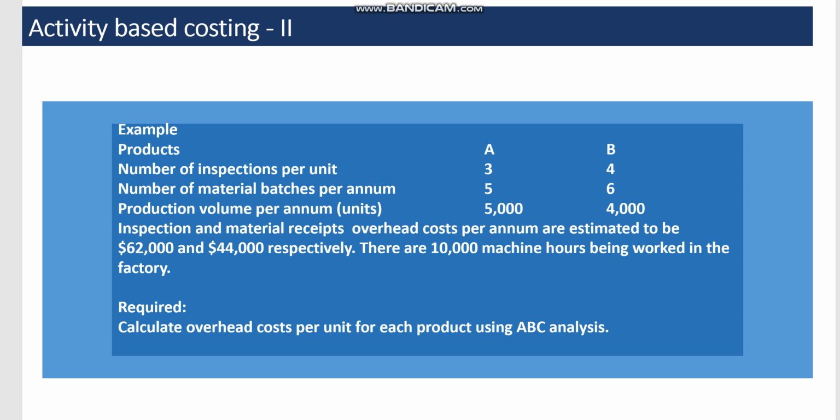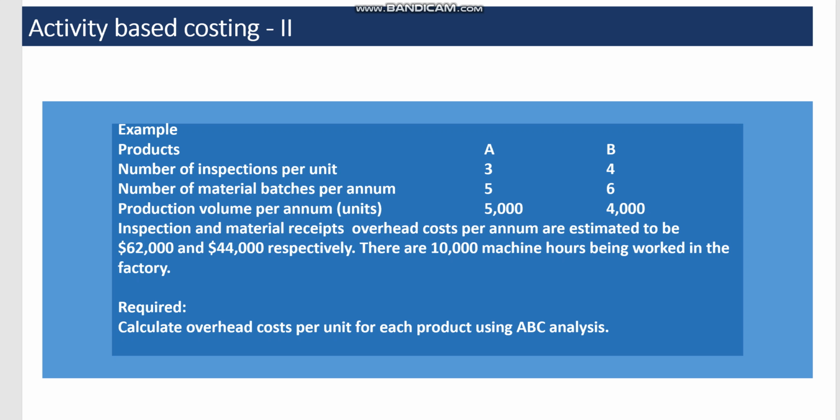because the formula says the total number of drivers for the period, so we will not take these 3 and 4. First, we will work out how many total inspections there will be for the whole year. It is per unit, which we need to convert to an annual basis.